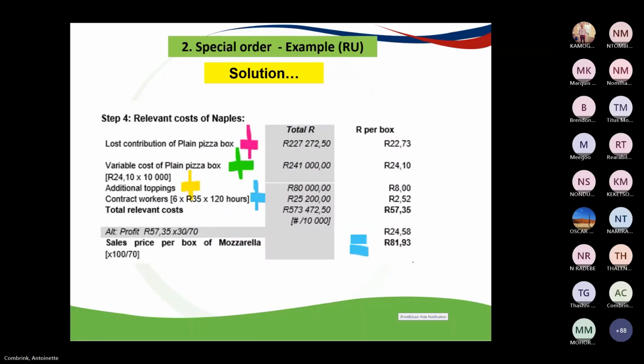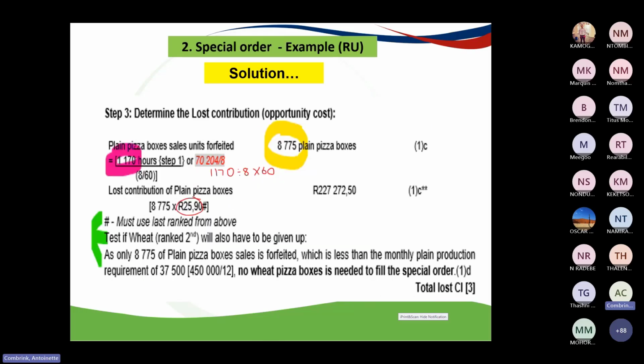So let's do the next one. We know there's a time constraint of 1,170 labor hours that we've calculated. So how many plain boxes is that? Because we've got the hours, but now we want to know how many boxes. That translates to 8,775 plain boxes.